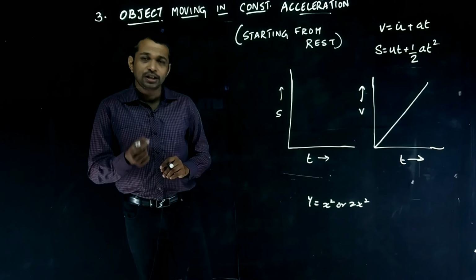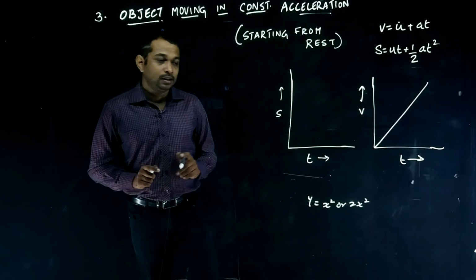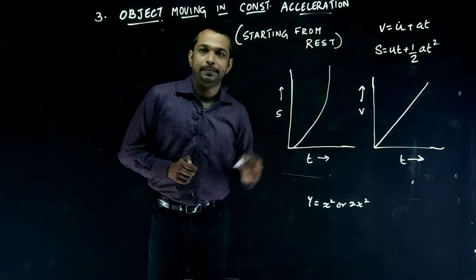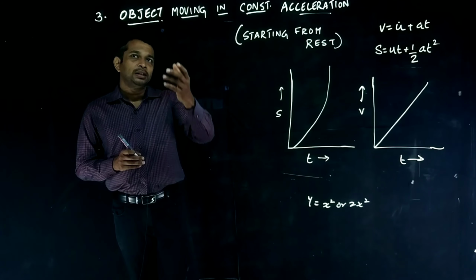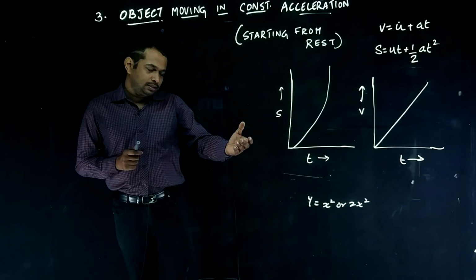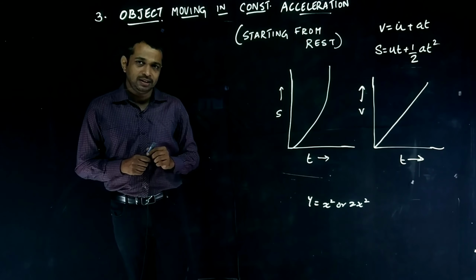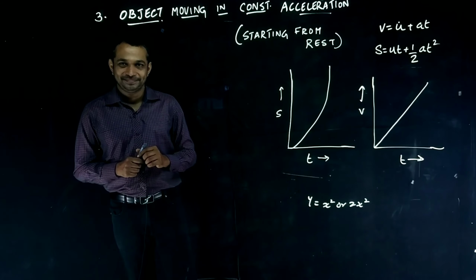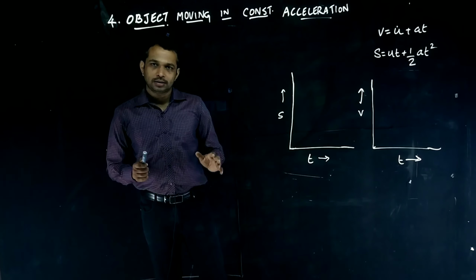And because this is also starting from rest, s is equal to 0, right? So this will start from the origin. Okay, so this is how the graph will look when the object is moving at constant acceleration starting from rest.